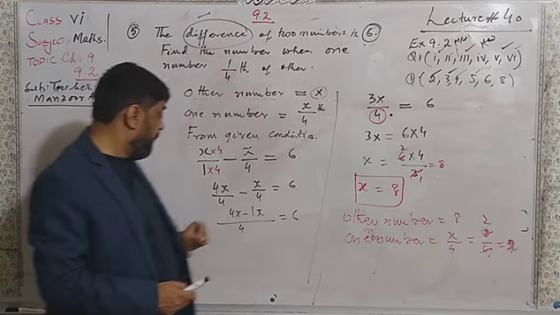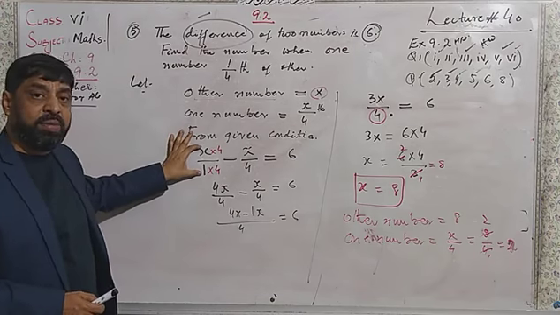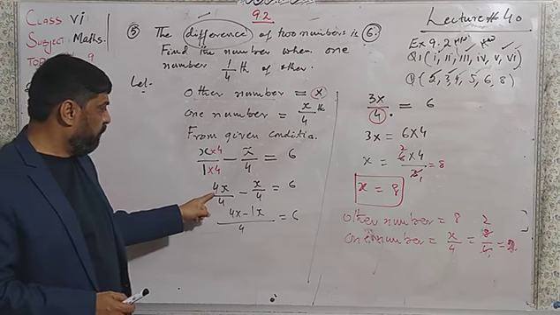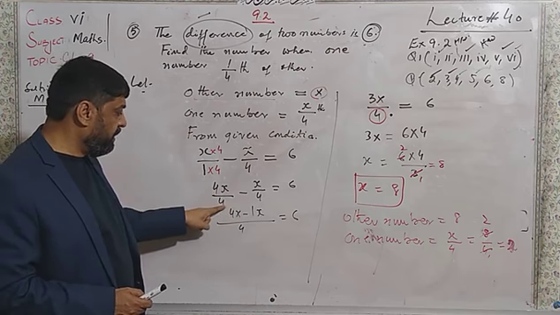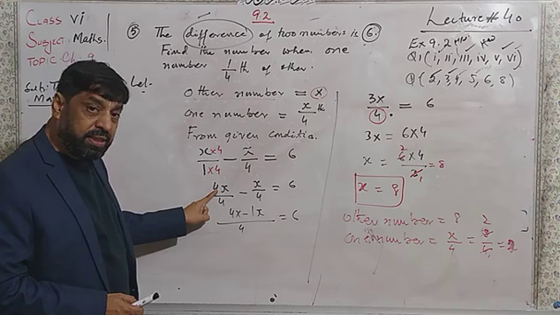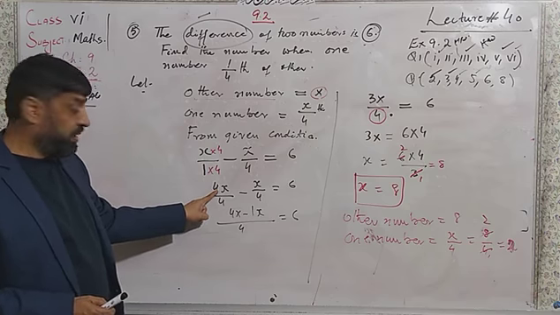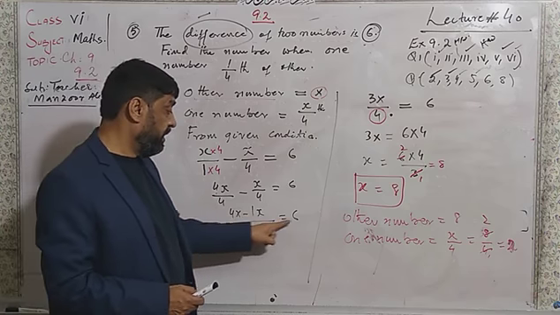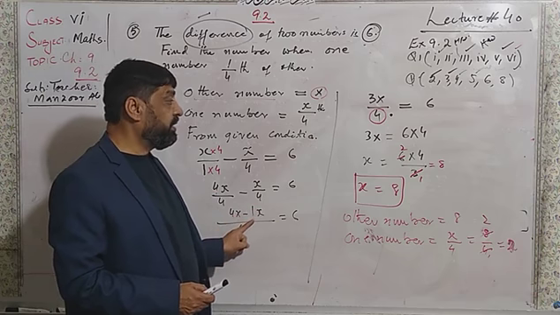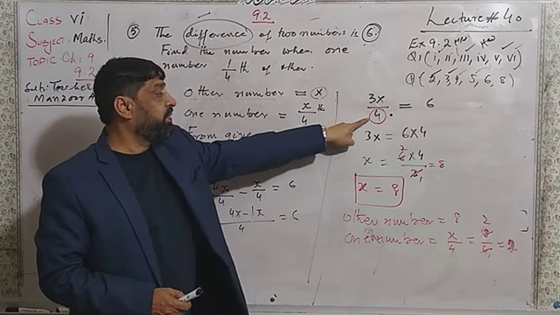That is given here. Make the same denominator by multiplying by 4. Then 4x over 4. Now the LCM will be 4. Directly we will do the minus here. 4x minus 1x equals 6. 4x minus 1x will be 3x divided by 4.